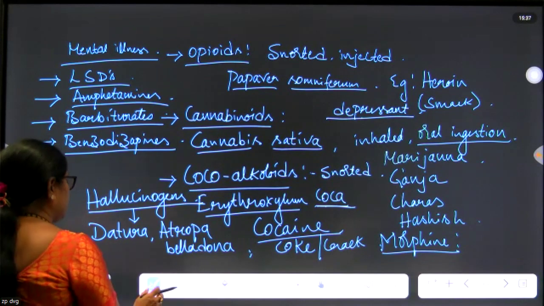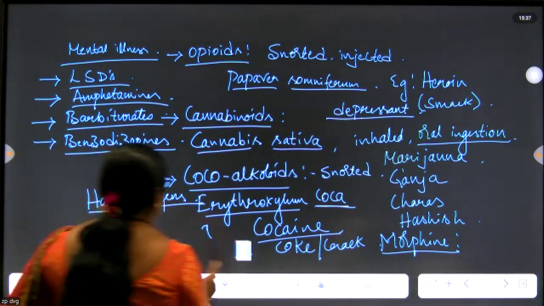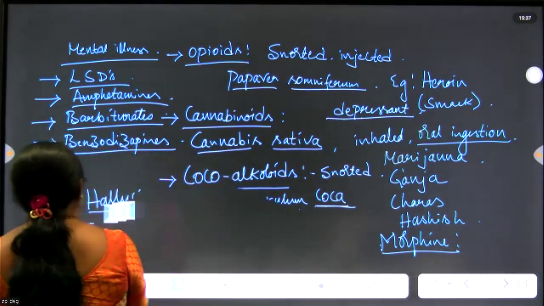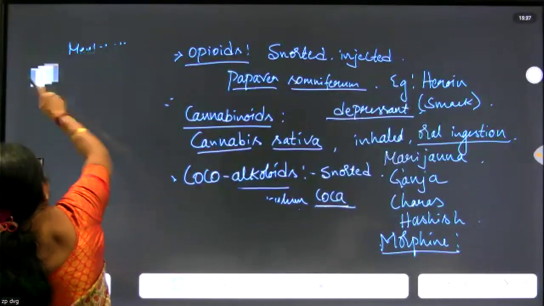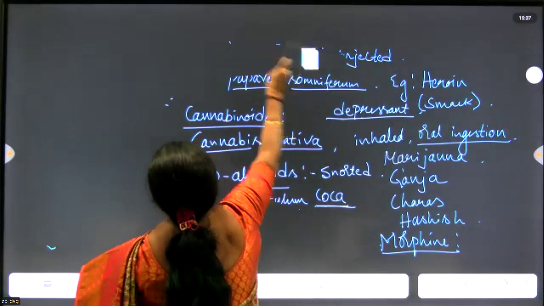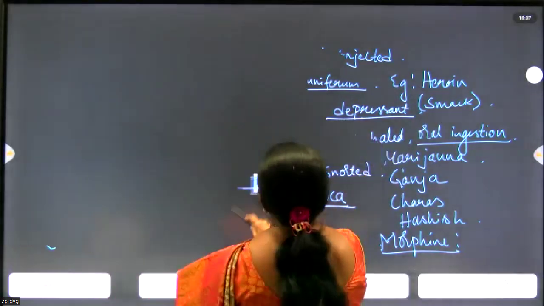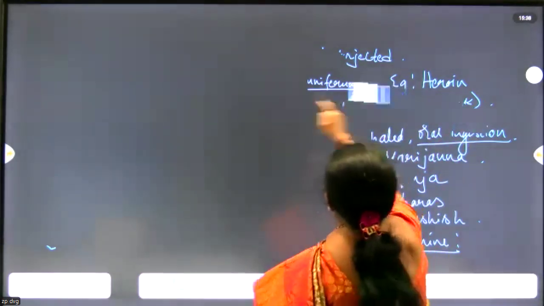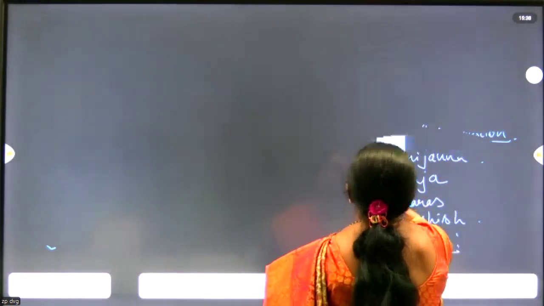So moving on to the next, that is the effect of smoking. Cigarette smoke or cigarette consists of tobacco, and one of the alkaloids present in tobacco is nicotine, which is going to cause varieties of cancer in human beings.